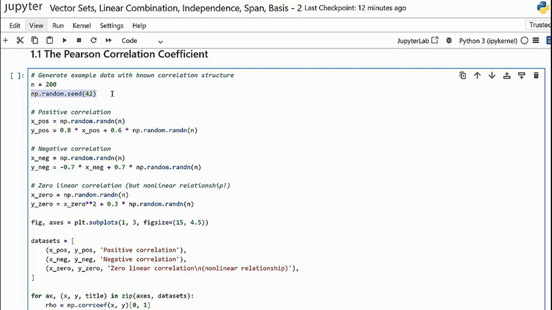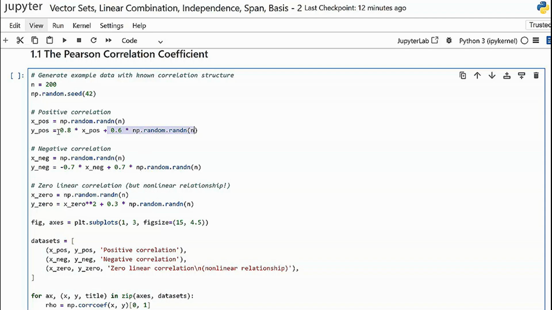Okay, the code runs. For the positive correlation, we generate a data set where the variable y positive depends on x positive scaled by 0.8, with some noise added. This creates a clear upward trend.